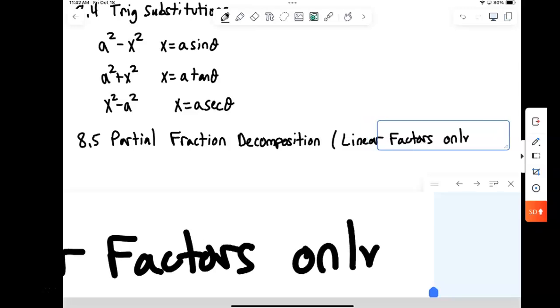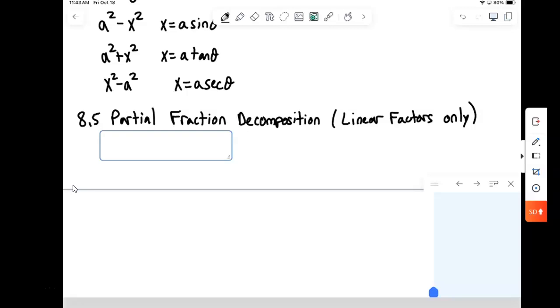Just because otherwise they just get so exhaustingly long. So on the test, again, you only have linear factors.